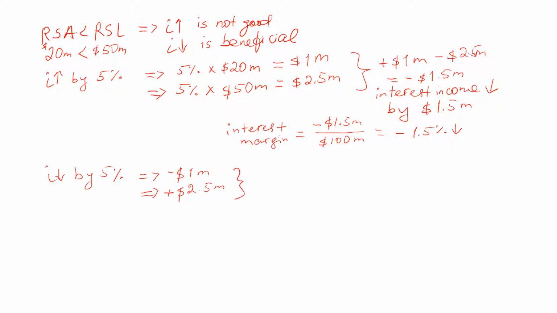As a result, now you have that negative $1 million, which was bad news to the bank because they're receiving $1 million less. But the good news is that they're paying $2.5 million less.